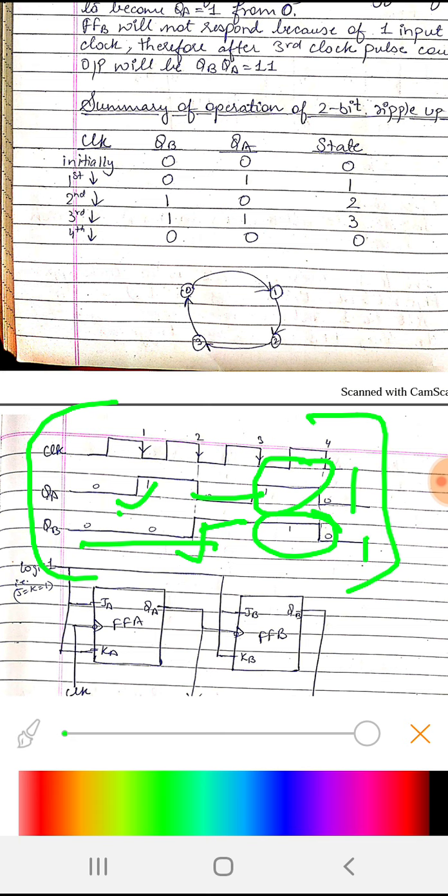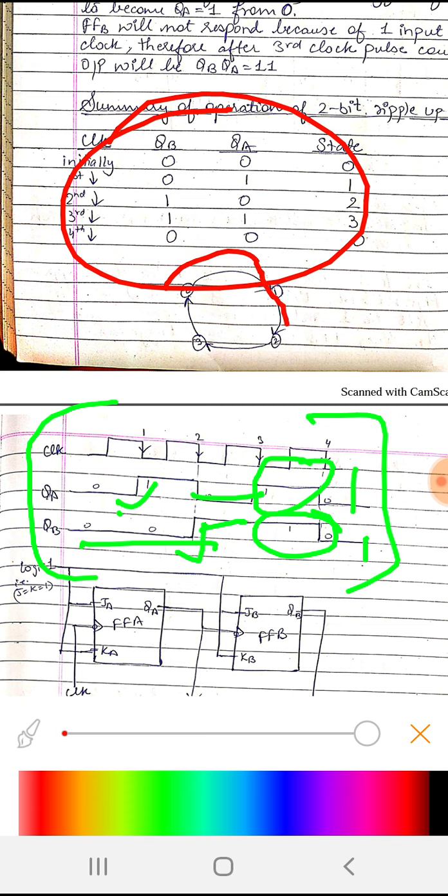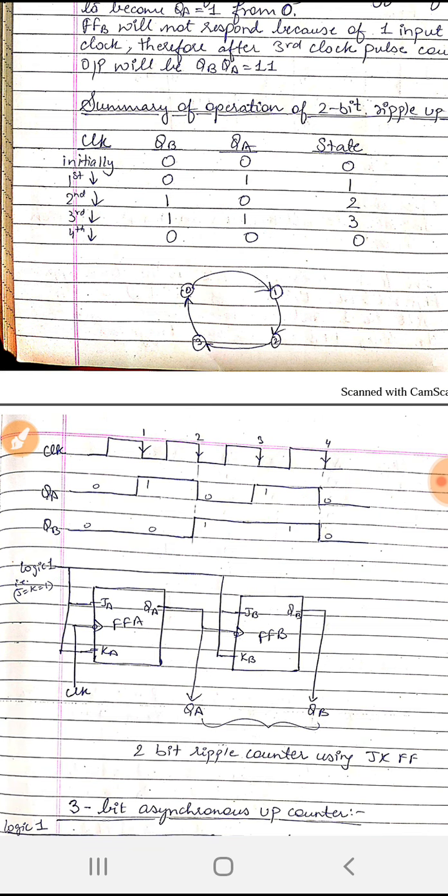So this is the timing diagram. You can always make the timing diagram from your transition table. It changes from 0 to 1, then 1 to 2, then 2 to 3, and again 3 to 0.